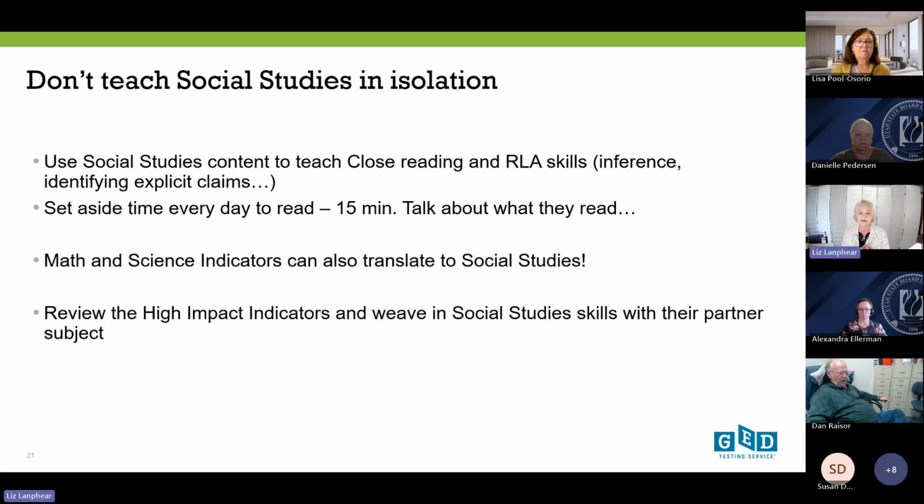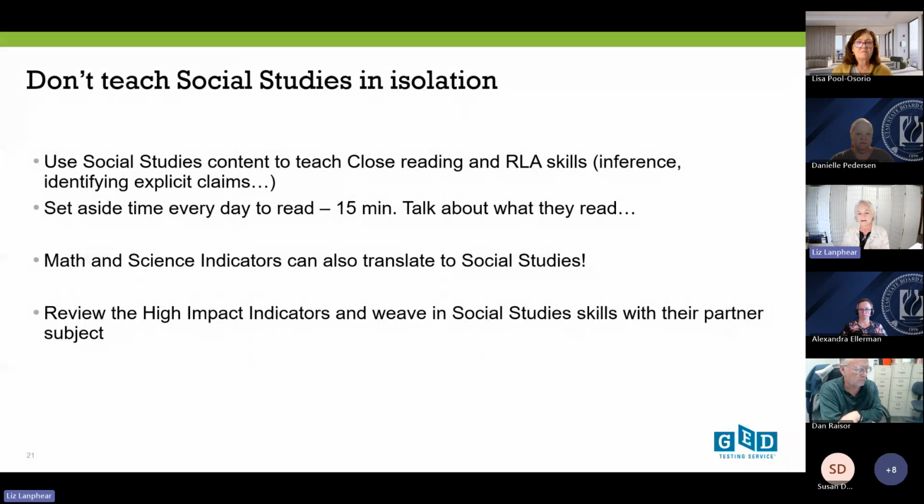You saw all those keywords that are in RLA. So bring in historical texts and things about the Constitution, things about voting rights. Use that as your articles to start these conversations and these lessons in your RLA.